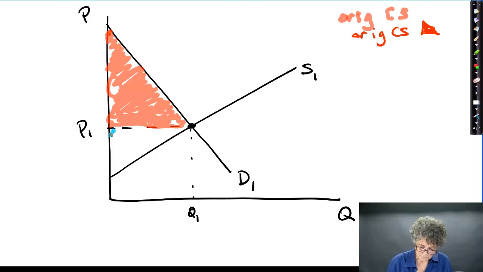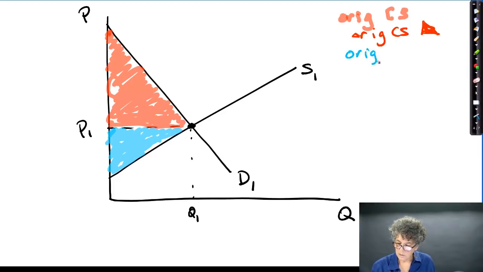producer surplus is the area below the price and above the supply curve. The producer surplus is the area below the price and above the supply curve, the thing I've labeled here in blue. And so that's my original producer surplus, the area in blue that I've shaded in.